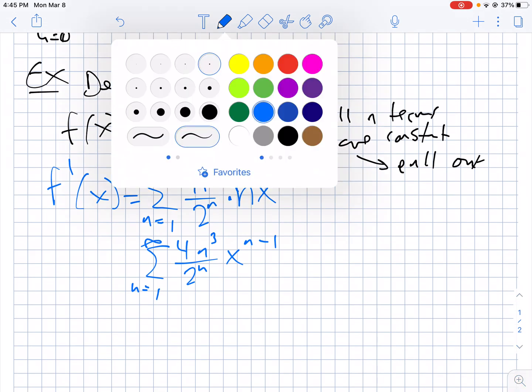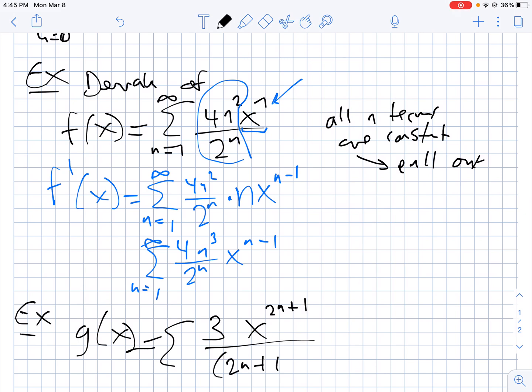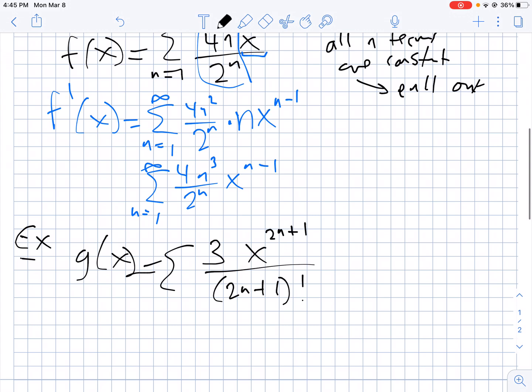Okay, let's look at one more example. So suppose now we're going to take the derivative of g of x, which is the series of 3 times x to the 2n plus 1 divided by 2n plus 1 factorial. There's going to be a cute cancellation here. Let's say this is the sum 1 to infinity.